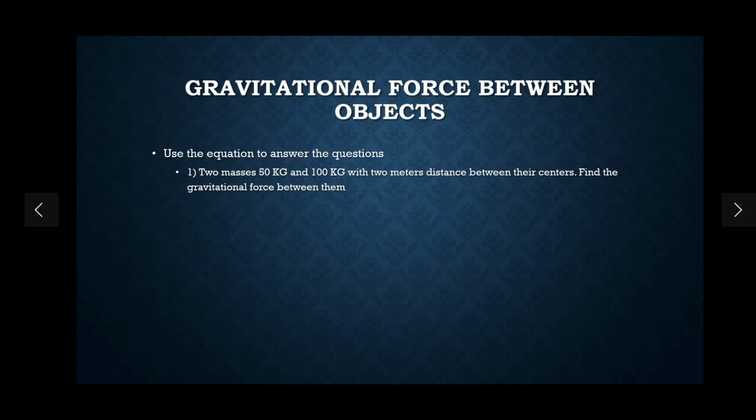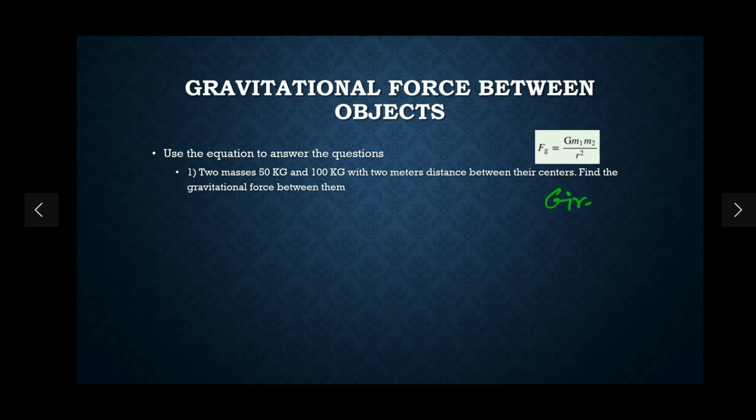Let's move on and start with an example. Let's use the equation that we learned, Newton's law of gravitation, to solve the following question. Two masses, 50 kilograms and 100 kilograms, with a 2 meter distance between their centers. Let's find the gravitational force between them. We are going to use this law: Fg equals G m1 m2 over r squared.